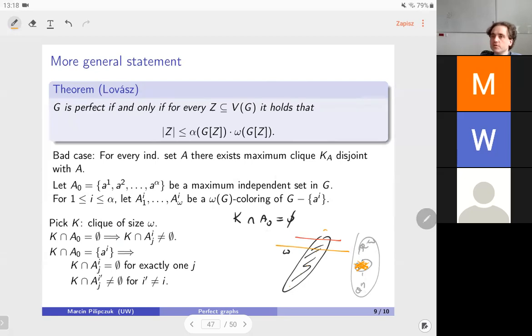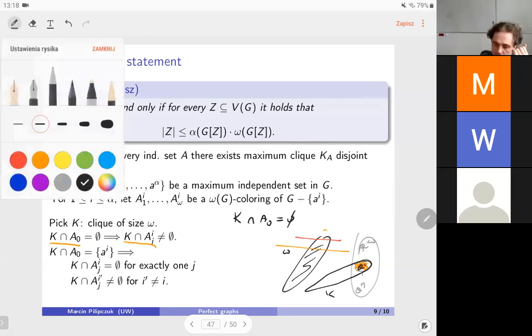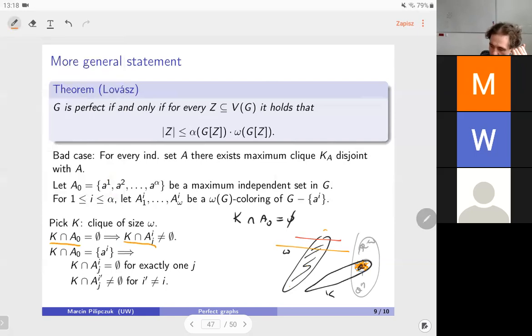Because it's a clique of size omega, if the maximum clique is disjoint with A0, it intersects all the A_{ij}, just because it's a maximum clique in this coloring. But also, for the same reason, if this clique intersects A_i, and you delete a different guy, say A omega, then again this is an omega clique in what's left, so it needs to intersect every color class.